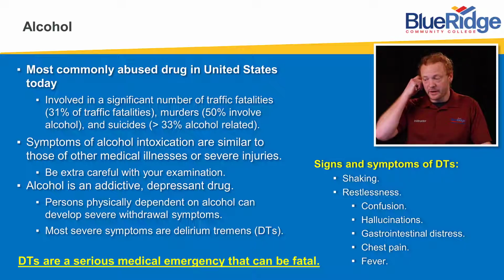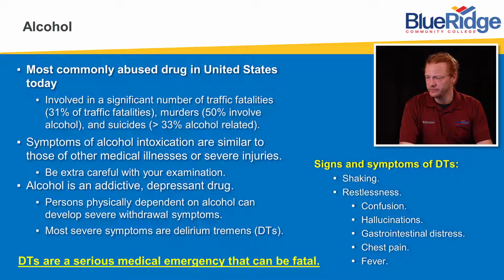Signs and symptoms of alcohol intoxication are similar to those of other medical illnesses and other severe injuries. Be extra careful with your examination. Presence of alcohol in a system can mask other injuries or medical conditions. It is an addictive depressant drug.